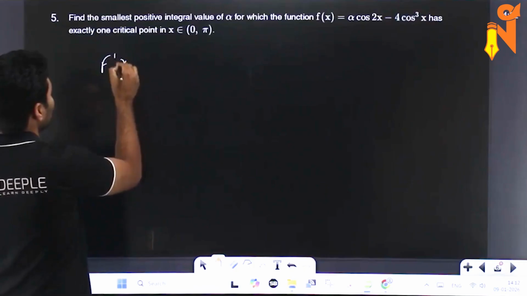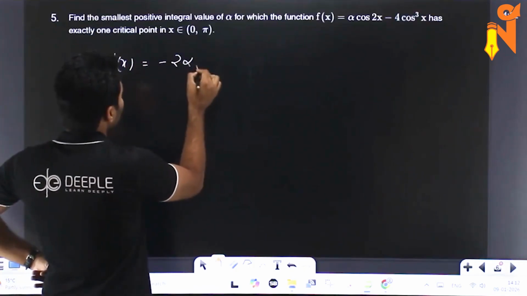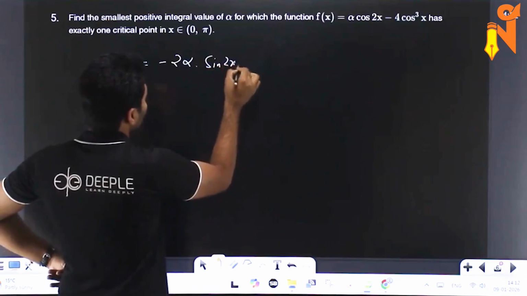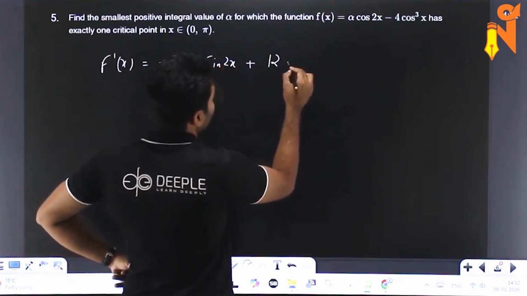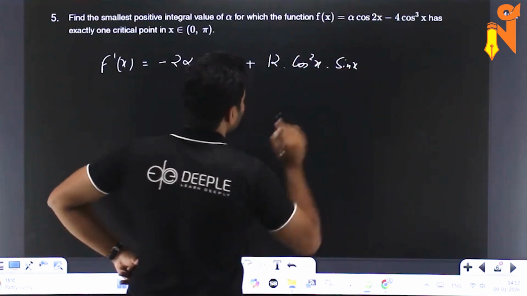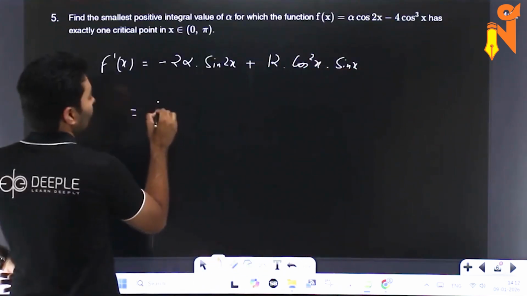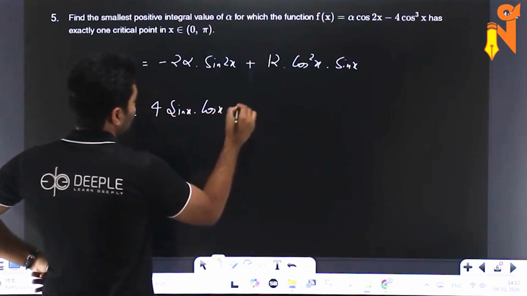So basically f dash should be 0. f dash will be how much? Minus 2 alpha into sine 2x, plus 12 into cos square x into sine x. Take common here 4 sine x into cos x.